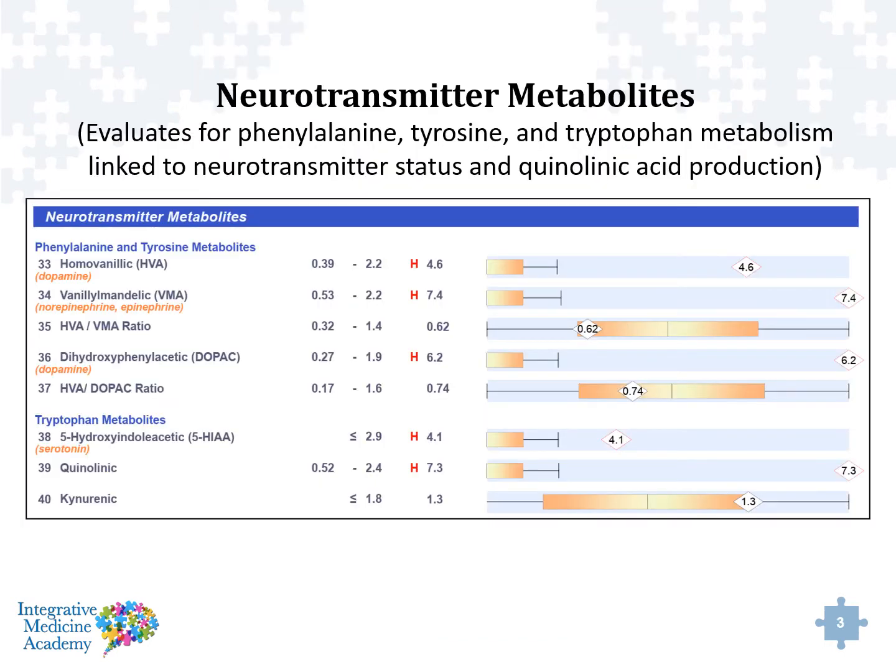So when we look at an organic acid test, and this is an example here of the neurotransmitter section of the organic acid test from Great Plains Lab, this profile is broken down between phenylalanine and tyrosine metabolites and then tryptophan metabolites. There are obviously a lot of things happening here that are causing some of these markers to be high.